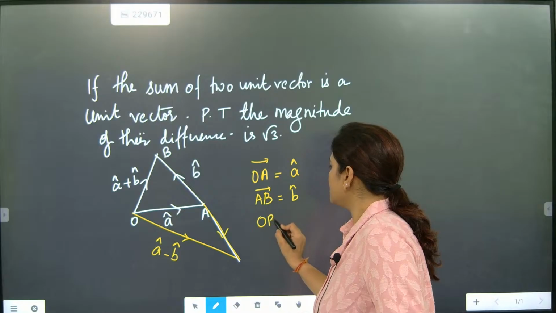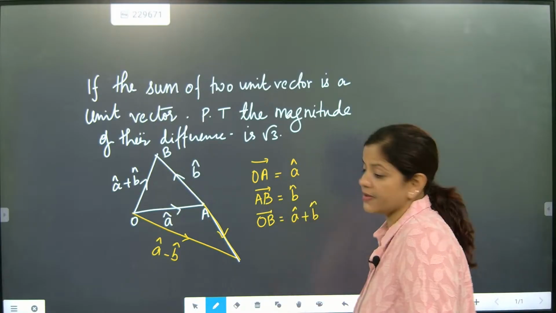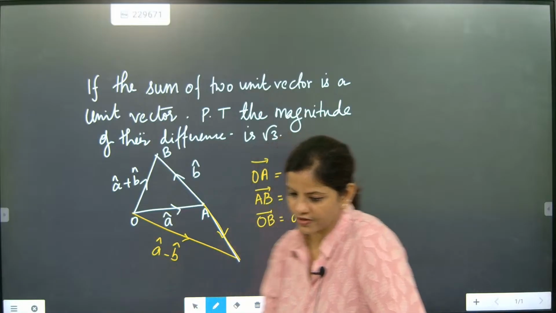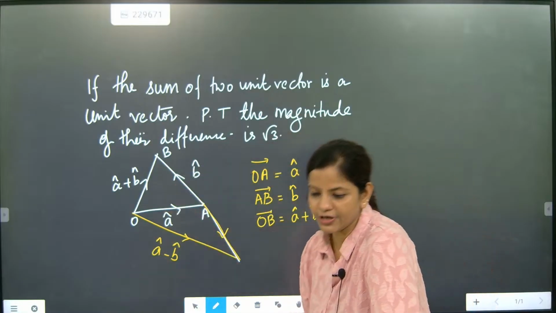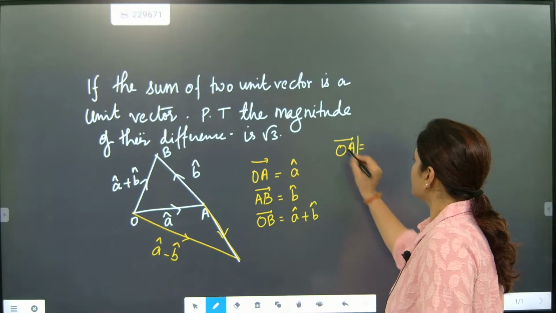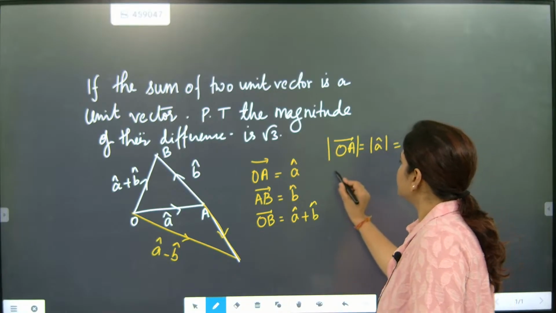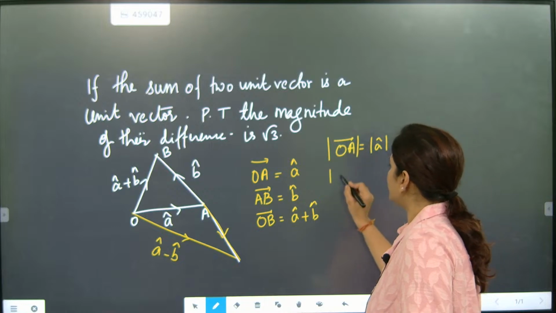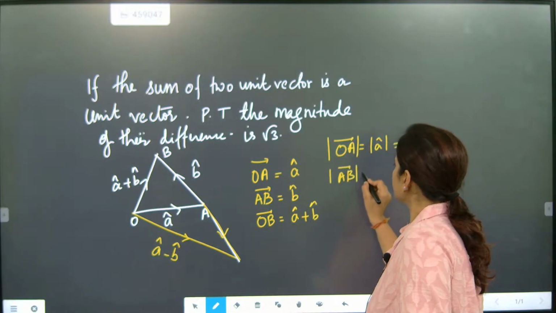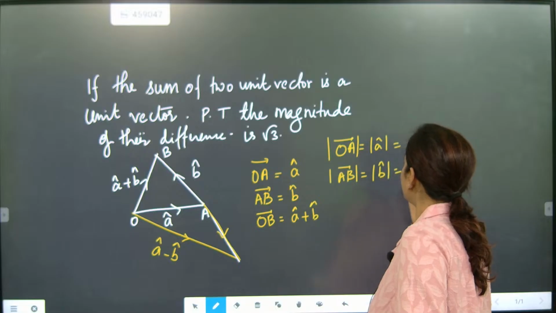OB vector is exactly the resultant of A vector plus B vector. Now the magnitude of OA vector will become the magnitude of a unit vector, and the magnitude of a unit vector is 1. Similarly, the magnitude of AB vector is B cap, unit 1.